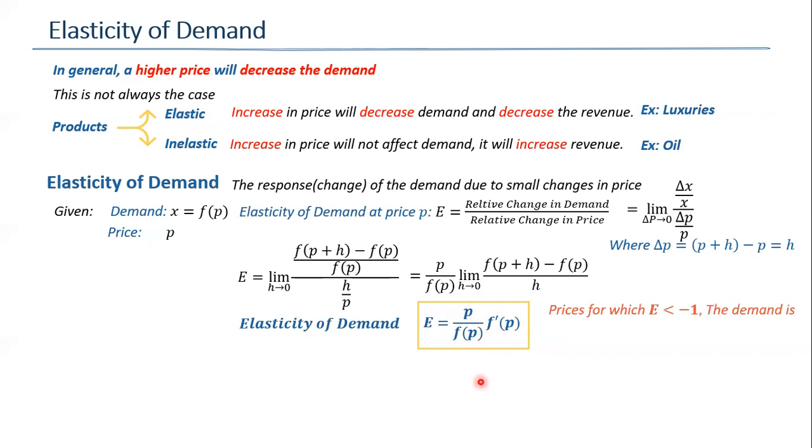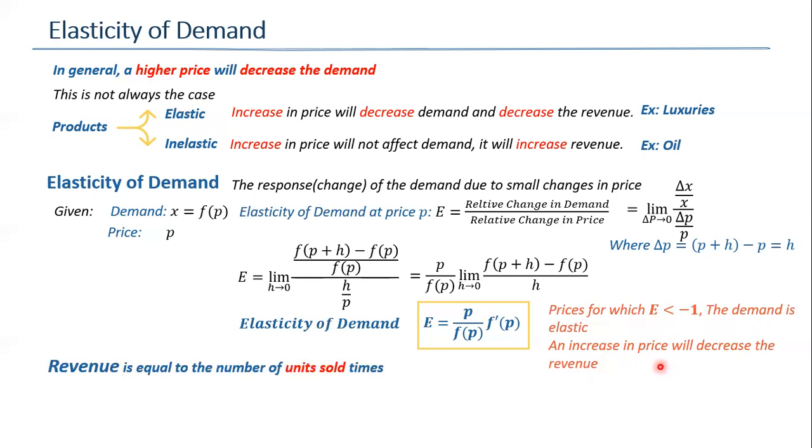So for the price for which E is less than -1, the demand is elastic, and it means that an increase in price will decrease the revenue.